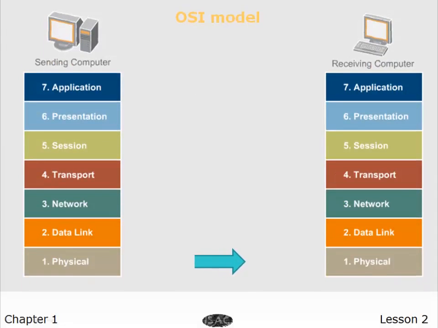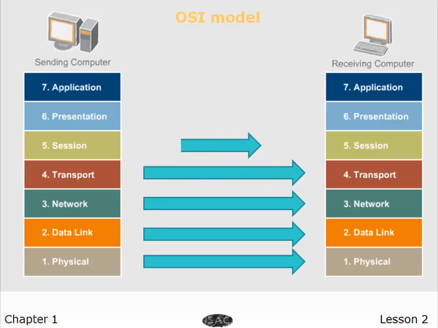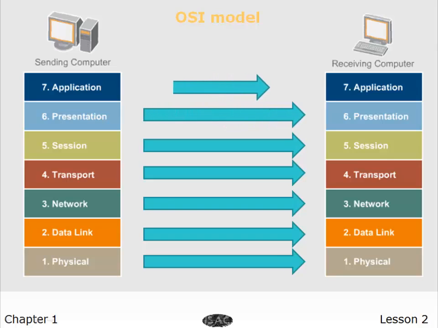In the same way the OSI model works. When sending any data to a receiving computer, each layer communicates with the same layer at the remote side, at the receiving computer. Only in this case can the communication happen.